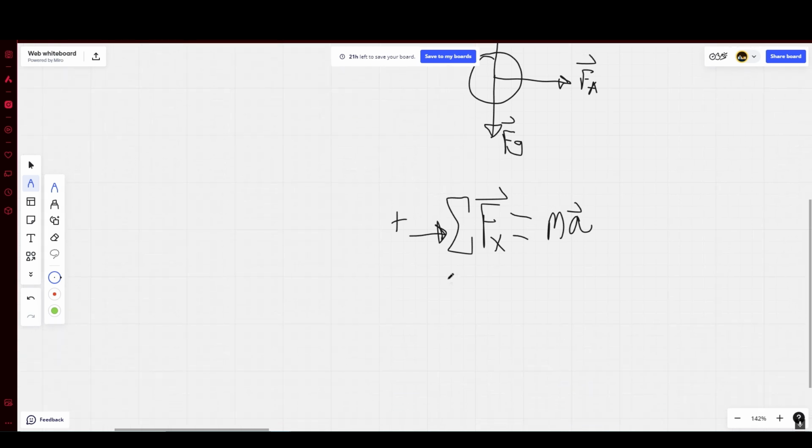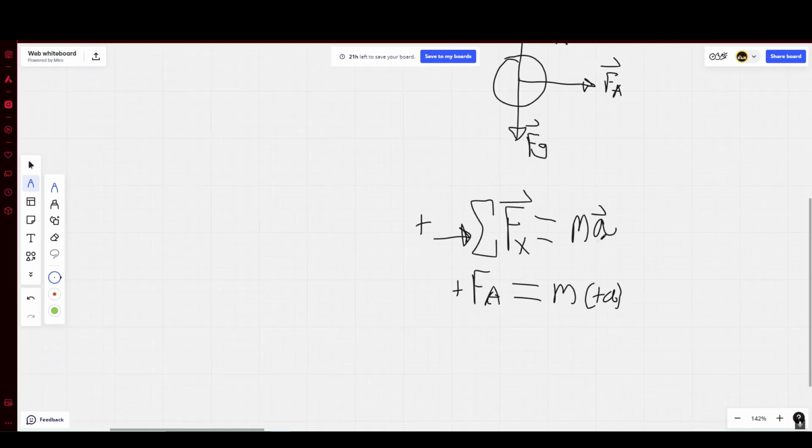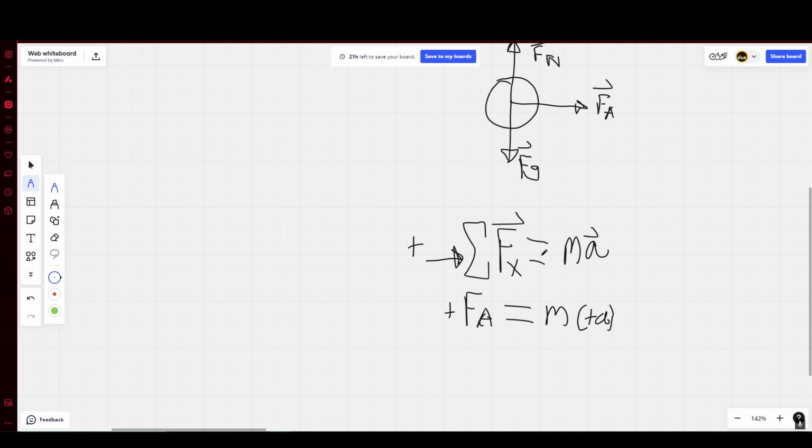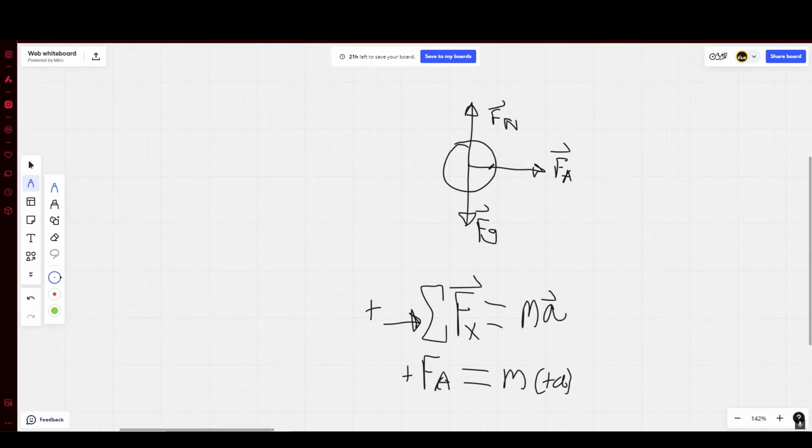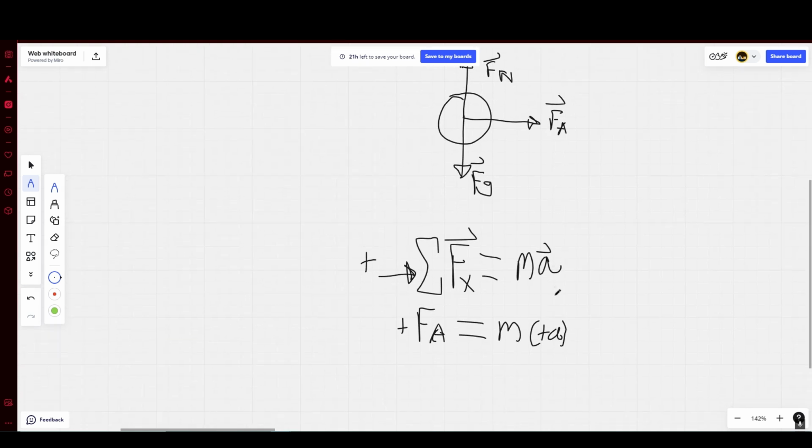Now we'll just write FA, and remember positive FA is equal to positive ma, and acceleration is positive because the acceleration is always in the direction of the net force acting on the object. So here the net force is clearly seen acting to the right, therefore the acceleration is also going to be positive.